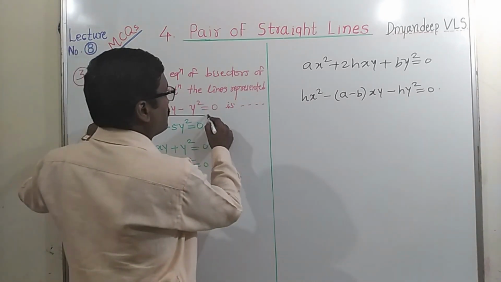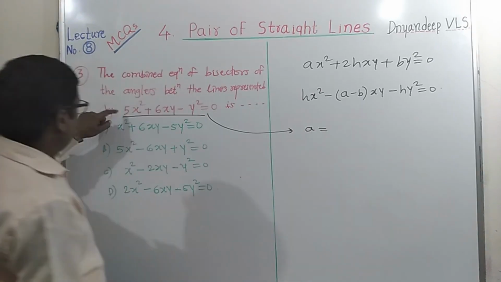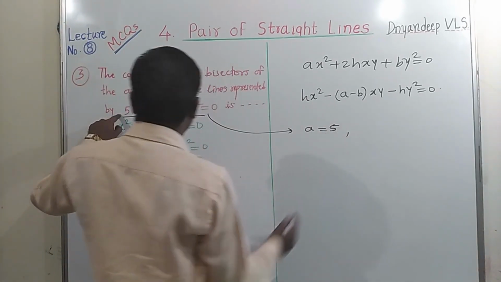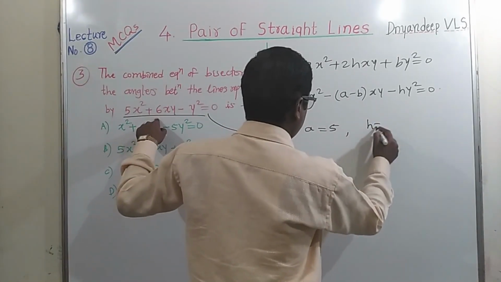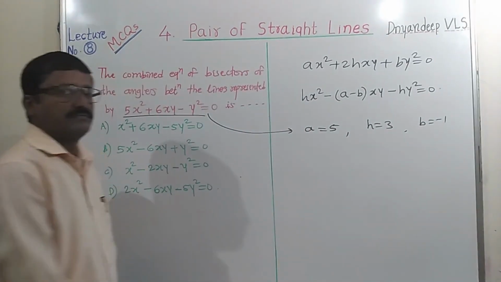Comparing this equation with that equation, we get the value of a equal to 5, h equal to 3, and b is equal to minus 1. Is it okay?